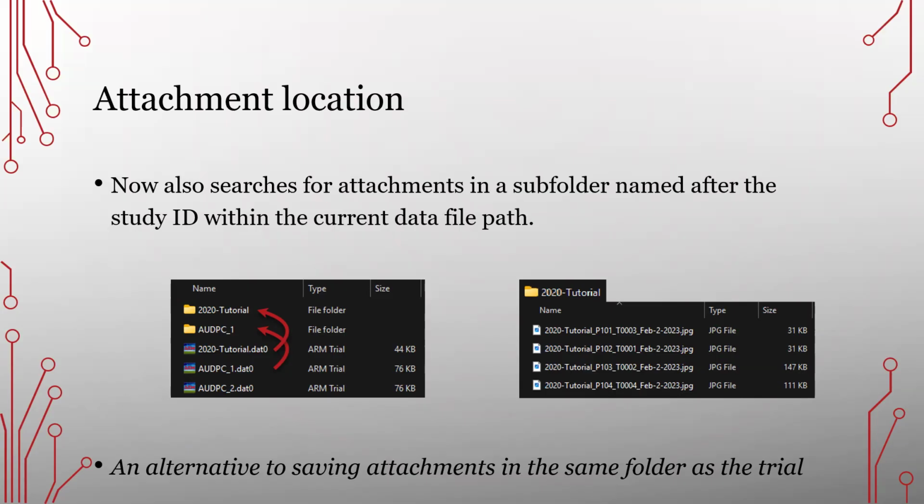So again, it's just another option if you don't want to put, plot photos as a good example, where you just end up with dozens of these attachments. If you want to create a separate folder, just use the trial ID and then put all those attachments in there. ARM will be able to find it.